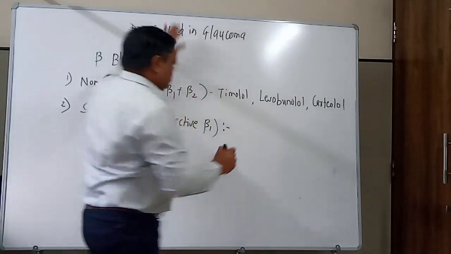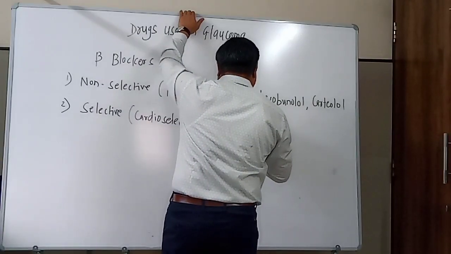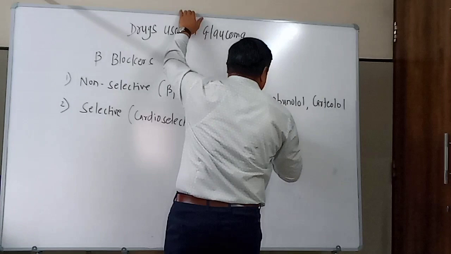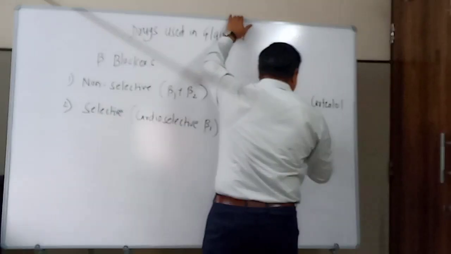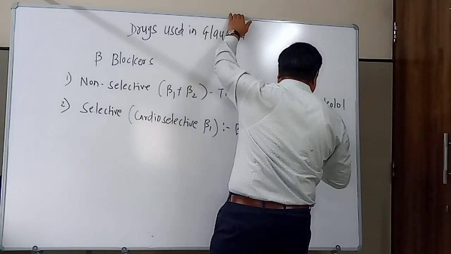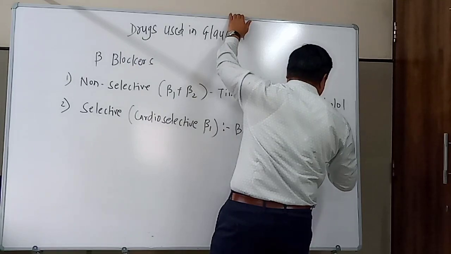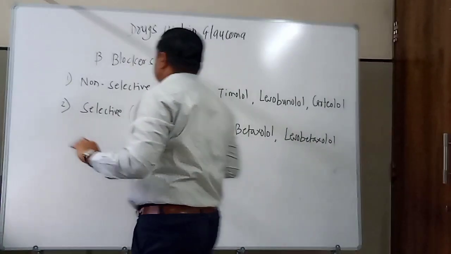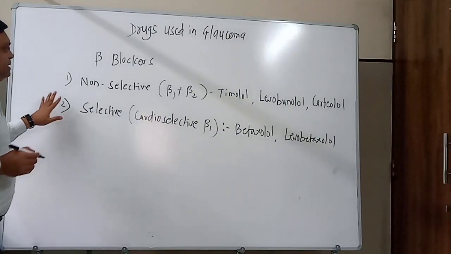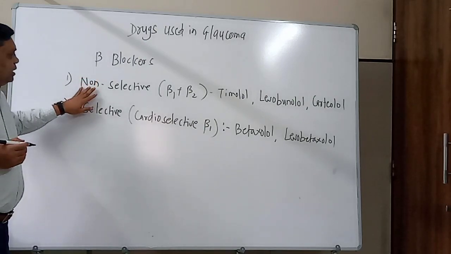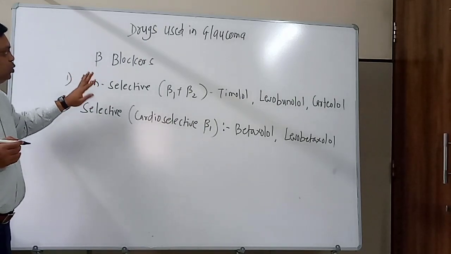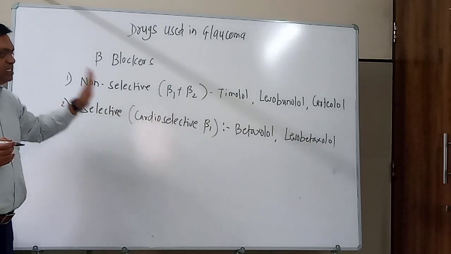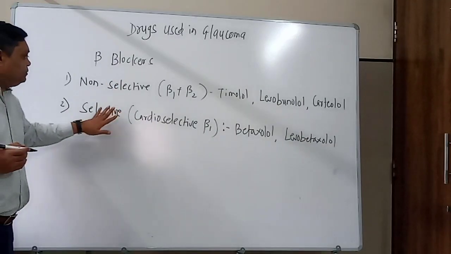Cardioselective beta blockers are betaxolol and levobetaxolol. These beta blockers are used in glaucoma. These are the first line drugs used in glaucoma.